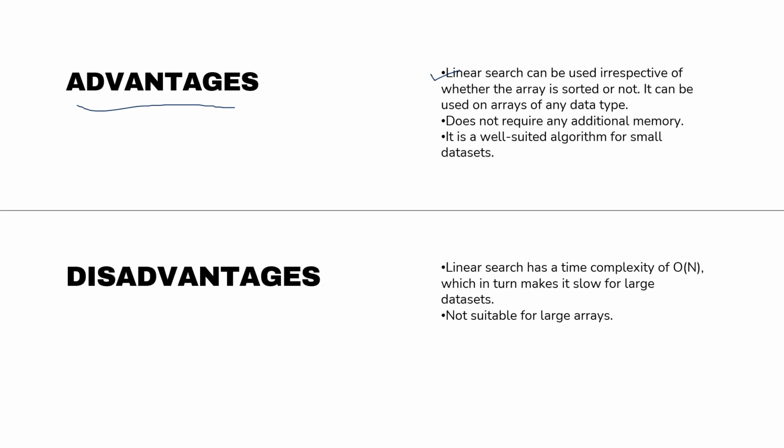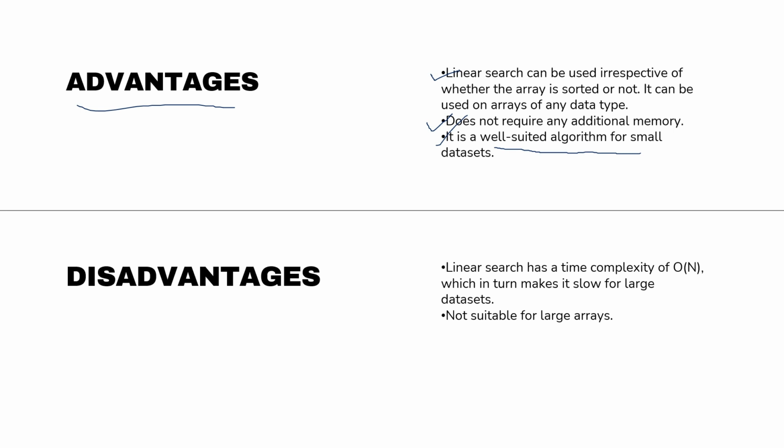Second, we don't require any additional memory. And third, it is a well suitable algorithm for small data sets. It means that if the size of the array is small, we don't think twice about using linear search for the searching process, because the time complexity is small for small data sets.